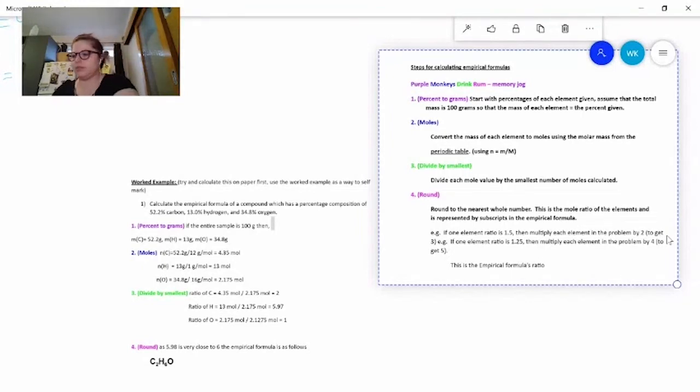Now I wanted to give you guys a little visual. This is our moles, as if it was a bar graph. Again, hydrogen is green, oxygen is pink, and carbon is blue.